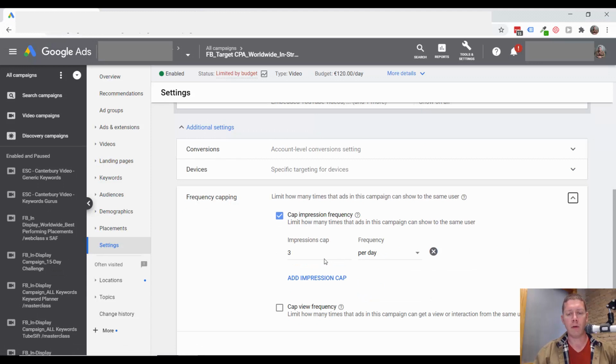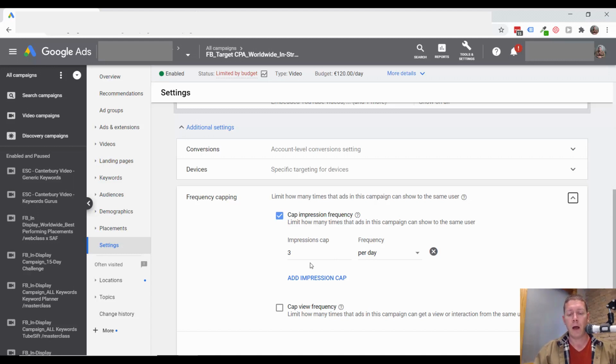In this campaign, we have a 3 impression limit with no view limit. Now if someone does watch the video, if they are a view, that would also count as an impression. So essentially, this does have a limit of 3 views, because if someone viewed the video 3 times, they also were an impression at least 3 times.